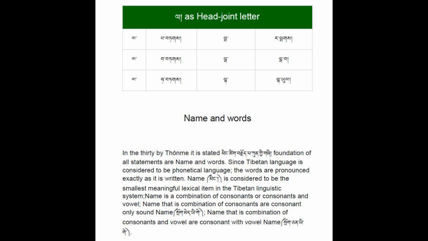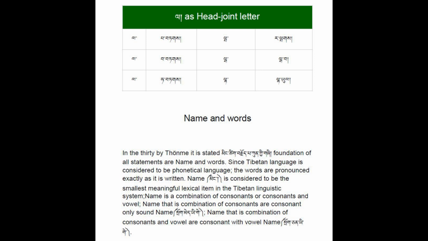So we must understand that in the Tibetan language, a grammatical structure that is capable of conveying a meaning is known as name. So the smallest grammatical structure that is capable of conveying a meaning is called name.